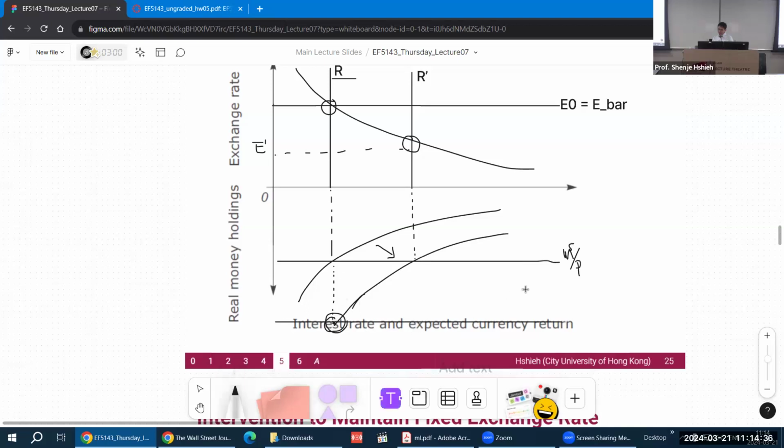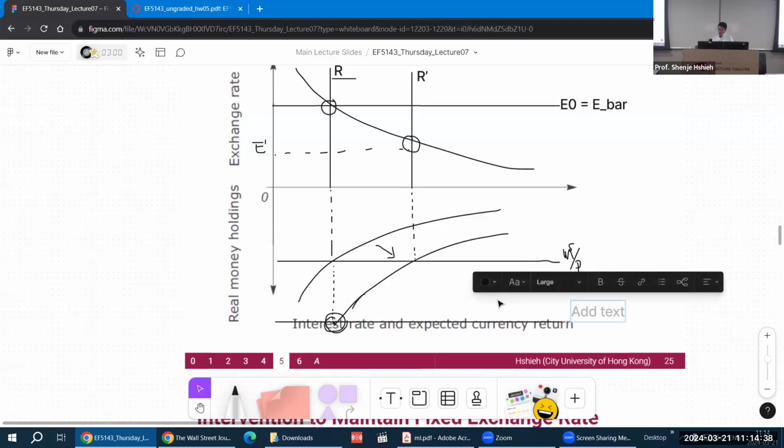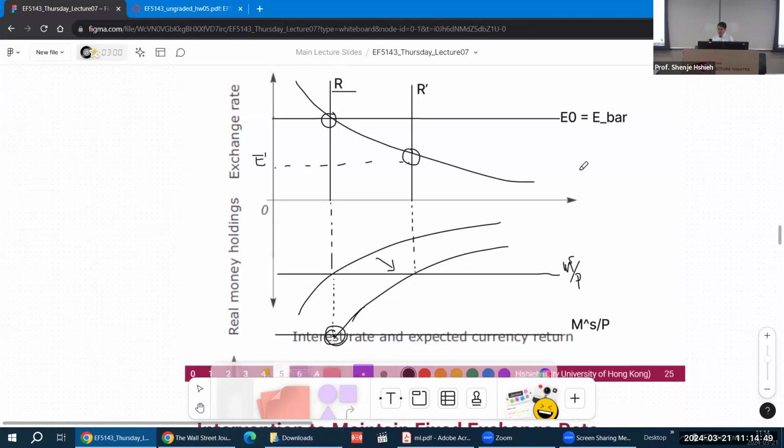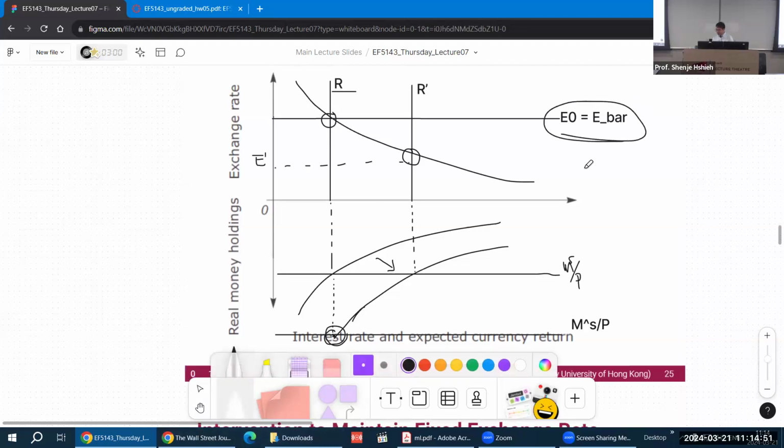At this R. So in response to an output shock, a central bank or government, or in this case, central bank, has to expand their money supply to keep interest rates the same and therefore maintain E naught equals E bar.